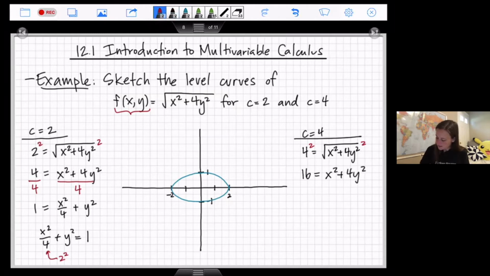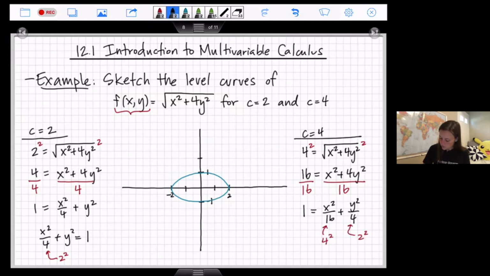This is going to be another ellipse. So I get 1 on the left, x squared over 16. The 4 and the 16 will reduce, so I'll get y squared over 4. And again, this is giving us an ellipse. The x radius this time is going to be 4, and the y radius is going to be 2.